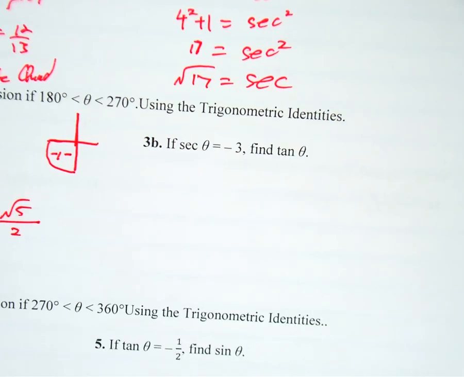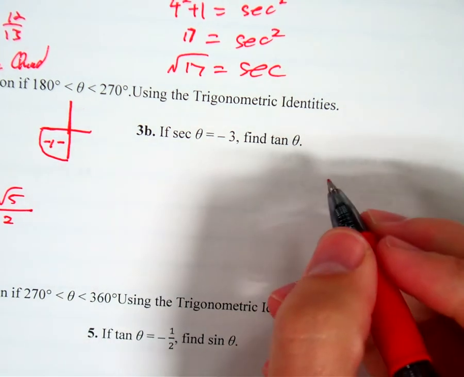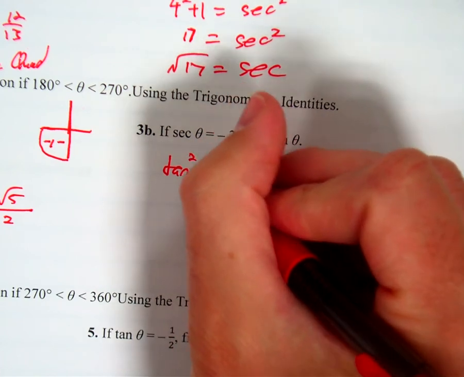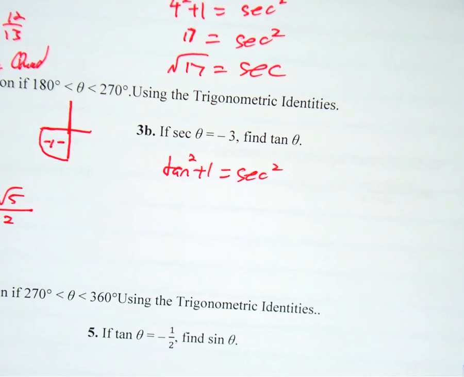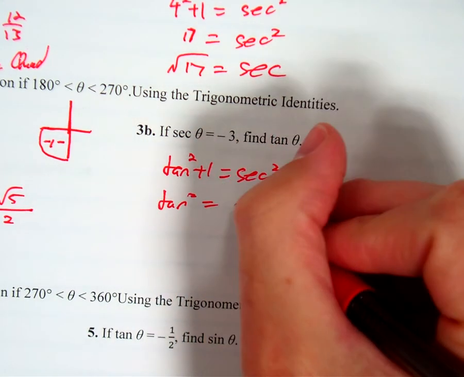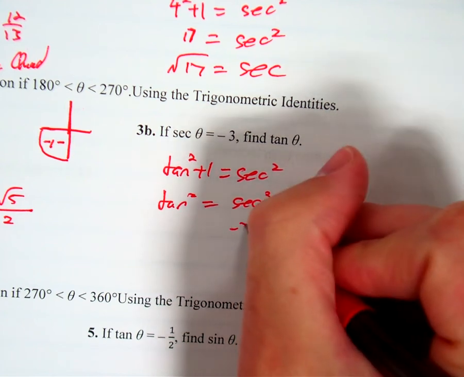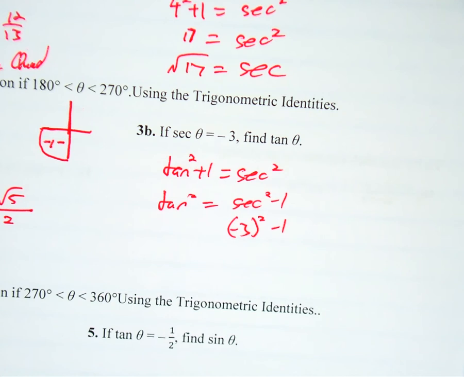If secant equals negative 3, find tangent. And again, there's a formula for that. They've been pretty nice to us here so far. Tan squared plus 1 equals secant squared. So tangent squared is equal to secant squared minus 1. That's negative 3 squared minus 1.